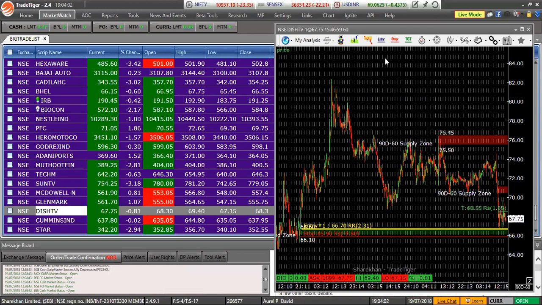So what is the advantage of swing trading? The main advantage, as I said, is a lower level of stress. And the second advantage is that you don't really need to take a very big risk as compared to maybe positional trading.